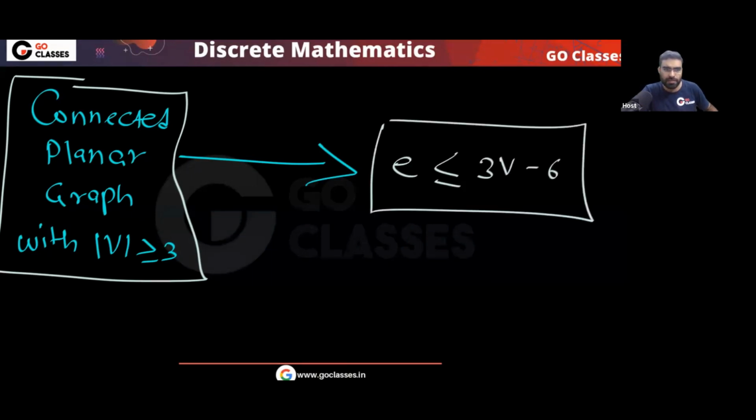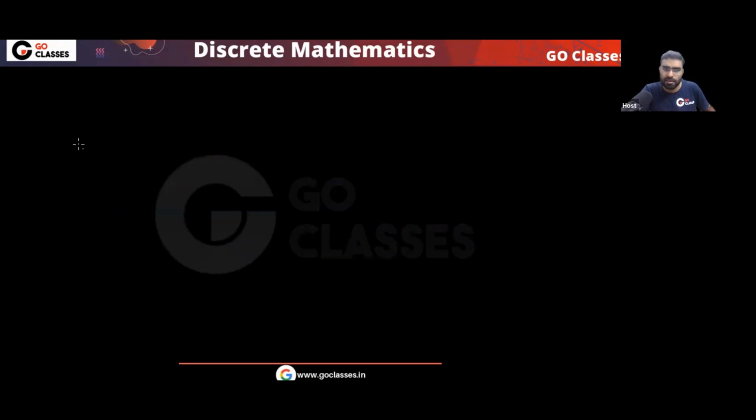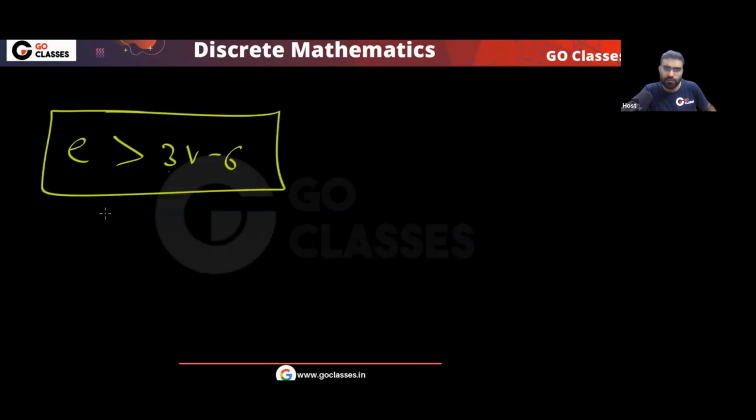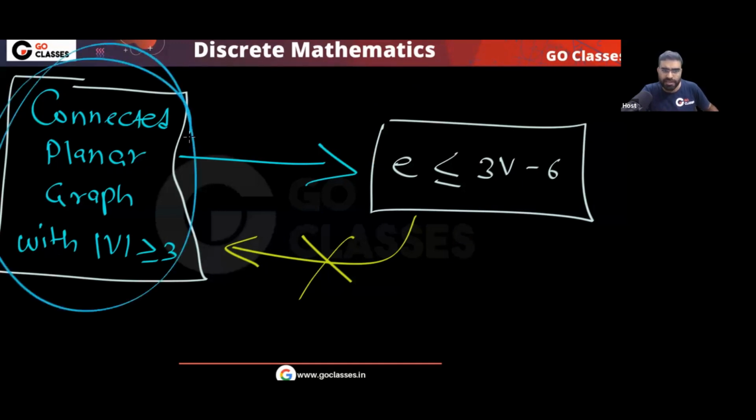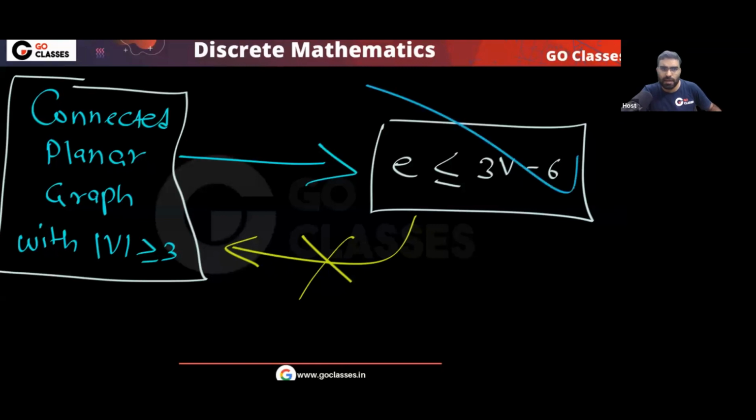But if this happens, that does not mean you have a planar graph. But if this is false, what can you say? If E is greater than 3v minus 6, what can I say? Very simple point: if you have a connected planar graph, then definitely this will happen.